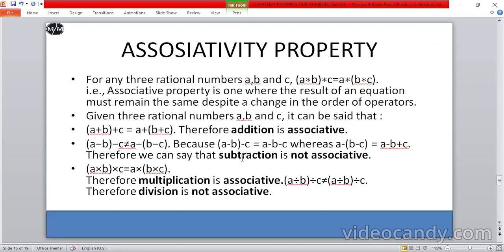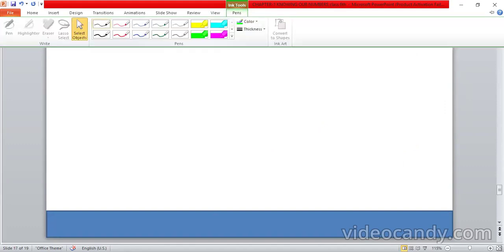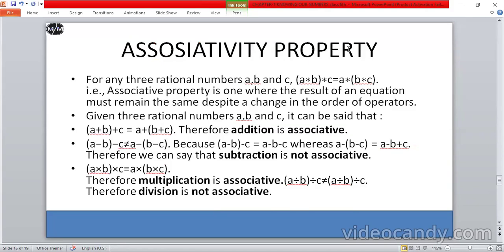The next is associative property. Associative means A star B star C is equals to A star B star C, grouped differently. This is like the commutative property.